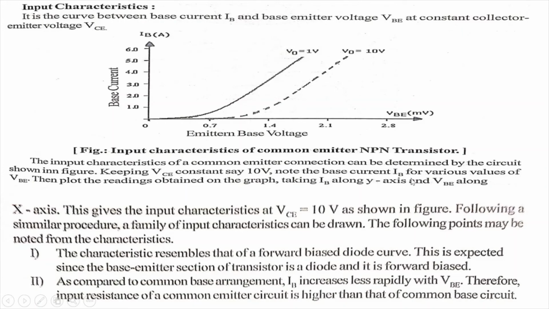Note the base current IB for various values of VBE. Then plot the readings obtained on the graph, taking IB along y-axis and VBE along x-axis. This gives the input characteristic at VCE equal to 10 volt, as shown in figure.